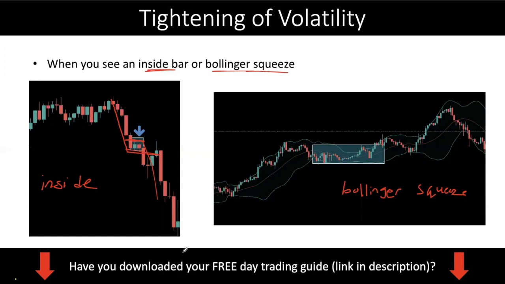Just think of it like a rubber band. If you pull it really tight, it's going to explode. Or like a spring. Okay, a spring would be a better example. If you apply pressure on it, squeeze it tight, like in this case, this is like a spring. What happens after that is a big movement down.